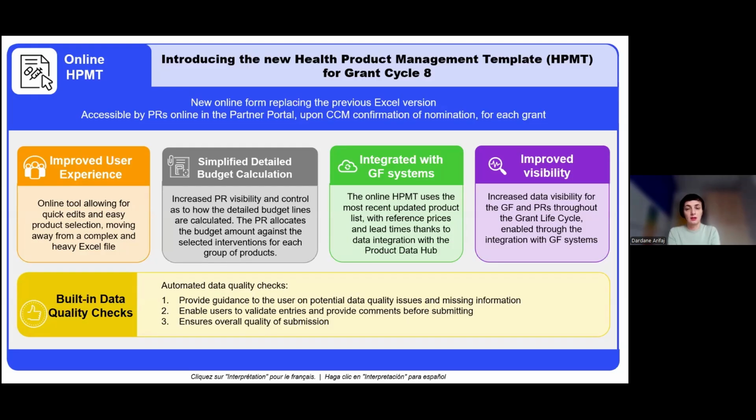And by implementing these data quality checks, we also hope that this will reduce the time of iterations and will help the PR, the HPMs and the LFA altogether to have a much easier process of updates and validation and all the steps that lead to submission and approvals.